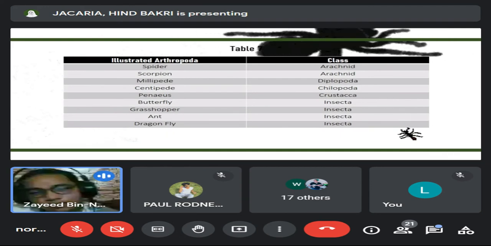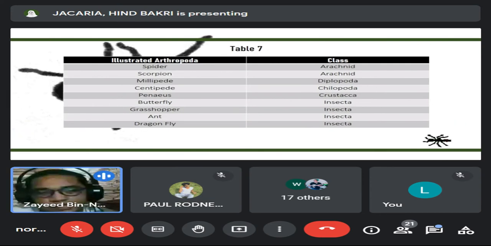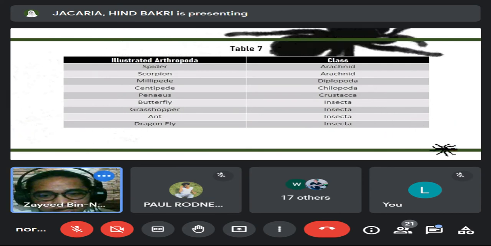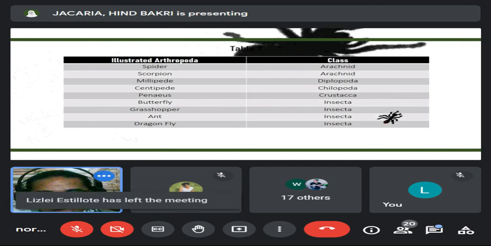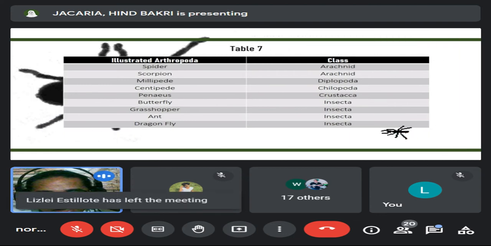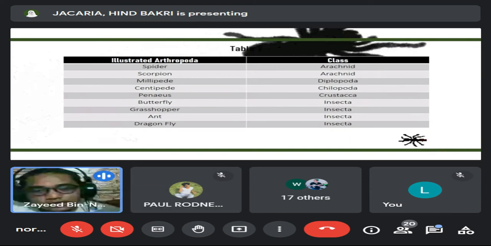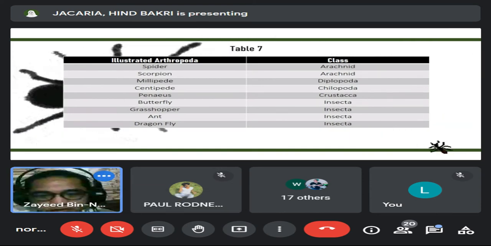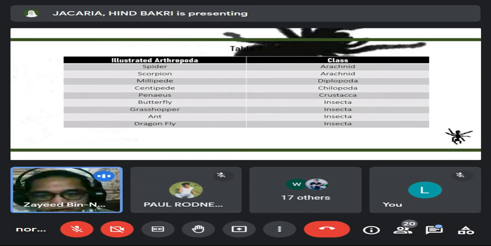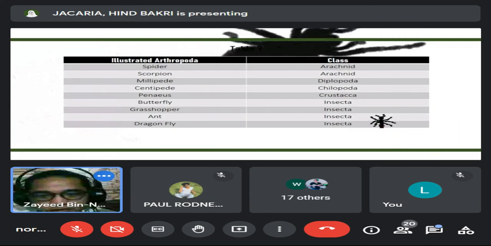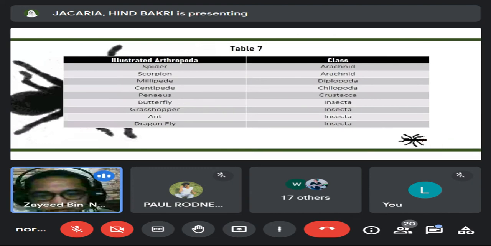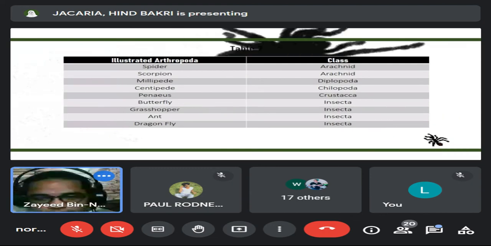Next is the millipede, of class Diplopoda. Next is the centipede, of class Chilopoda. Next is the prawn, of class Crustacea. And the last are the butterfly, grasshopper, ant, and dragonfly, which are of the same class, Insecta. Next slide, please.